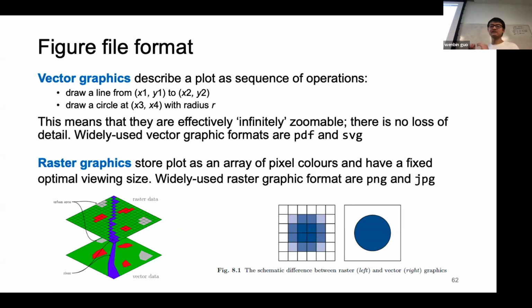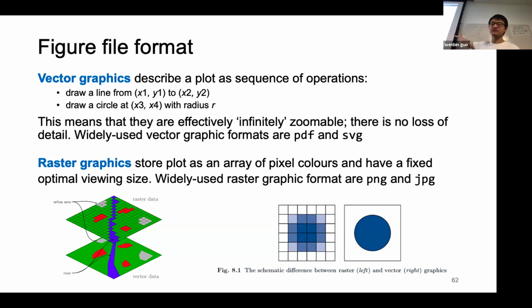In that sense, vector graphics is not desirable, because when the figure is huge, opening it will be problematic. It takes a very long time to open. So in those two cases, you probably go for raster graphics. Otherwise, you always choose vectorized graphics.